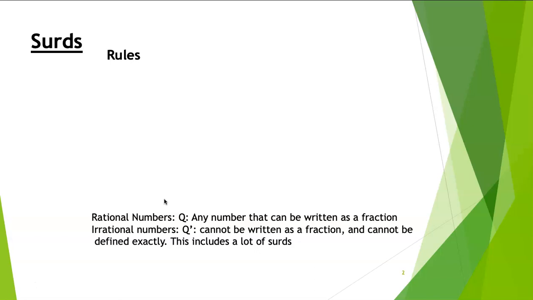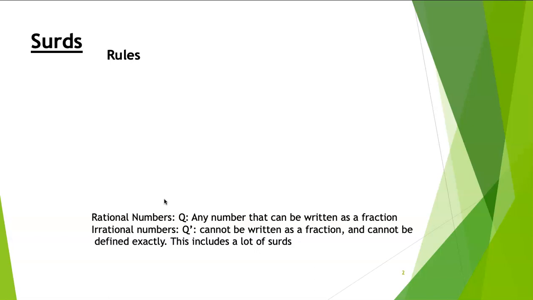So the surds are irrational numbers, or numbers that can be written in roots, like square root of 2, square root of 3, square root of 5, square root of 7. Those are all surds.